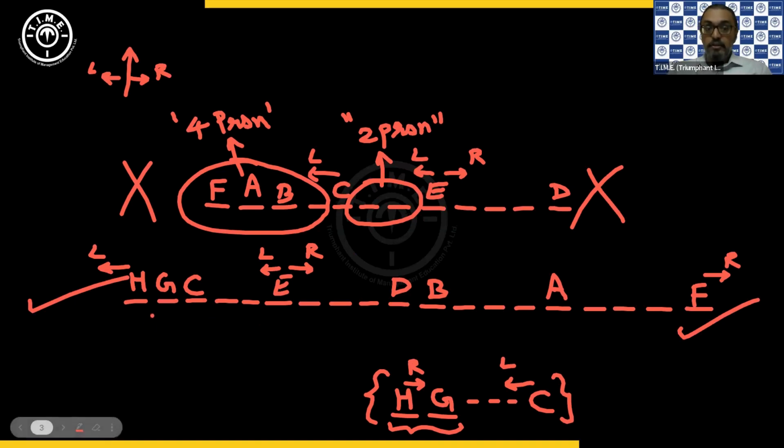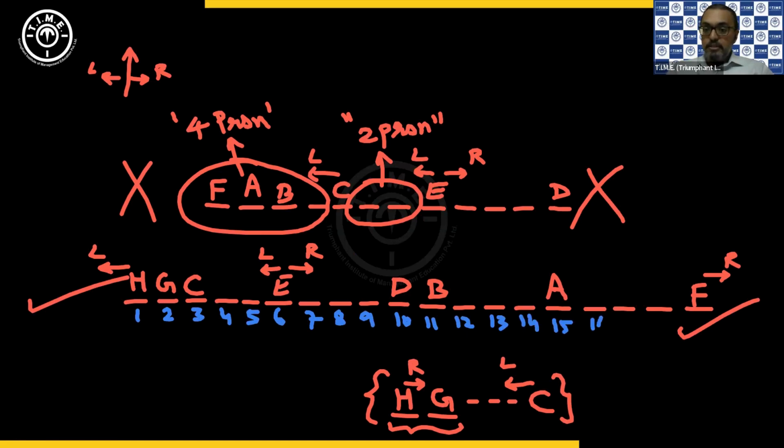Now, if I try and count the number, we have 1, 2, 3, 4, 5, 6, 7, 8, 9, 10, 11, 12, 13, 14, 15, 16, 17, 18, and 19. So there are 19 positions in the arrangement. So by the time you come to the last line, your arrangement is ready. Okay, so that is how we work this out.